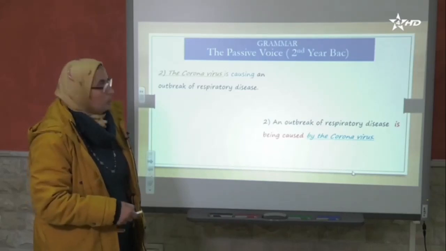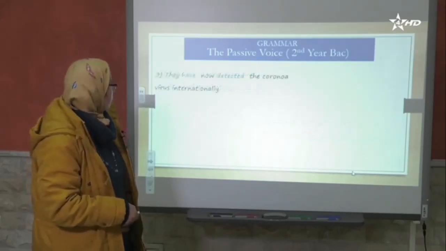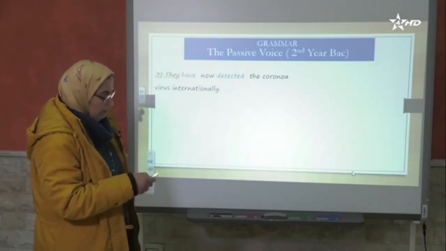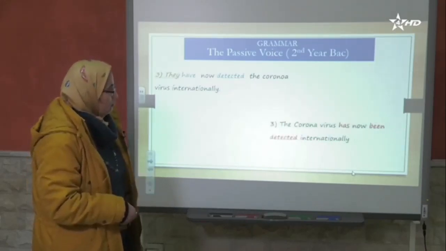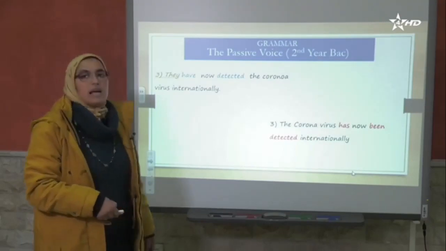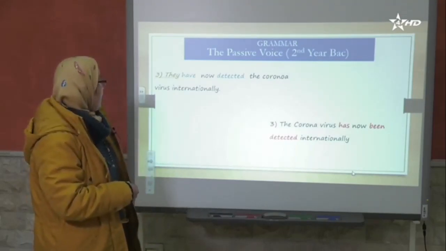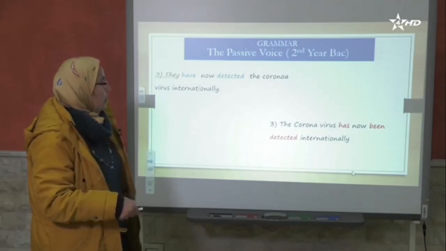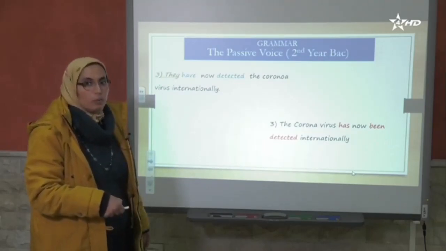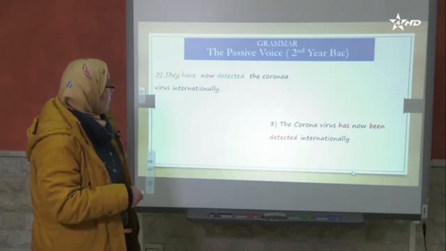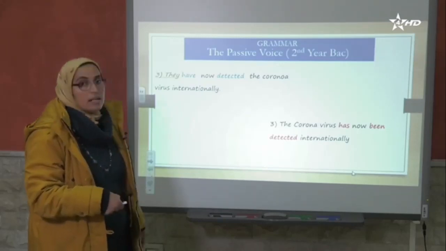Another example? Okay. They have now detected the coronavirus internationally. The coronavirus has now been detected internationally. What are the changes again? They does not appear here. Why? Because it's not important. The coronavirus, which is here an object, takes the place of a subject.